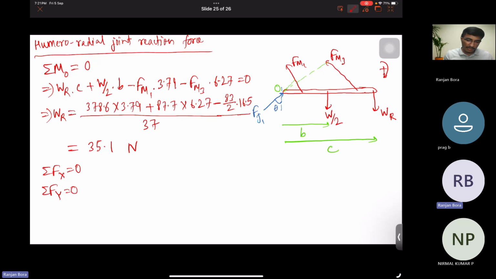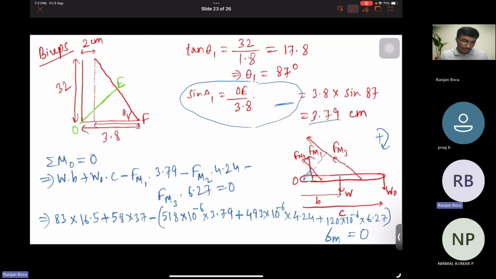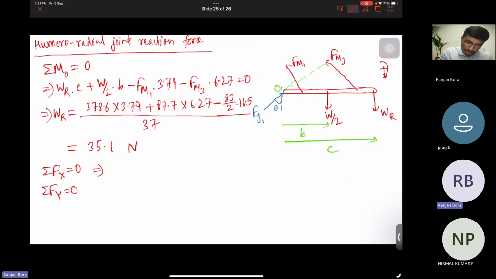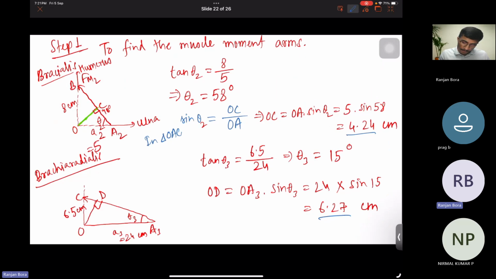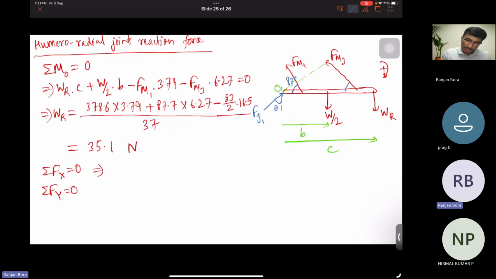First I will write the angles here. FM1 was the biceps angle. For the biceps, theta 1 was 87, so this angle is 87, and for the brachioradialis theta is 15, and this is 15. Now we do summation Fx is 0.